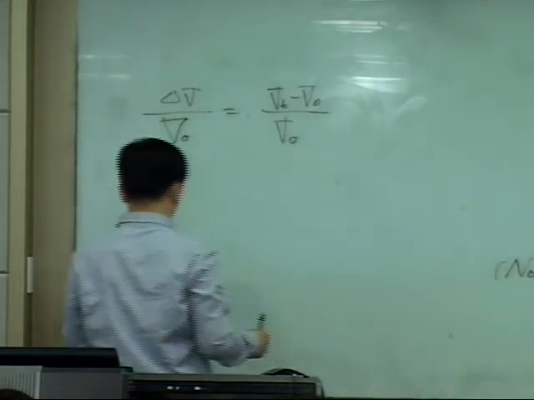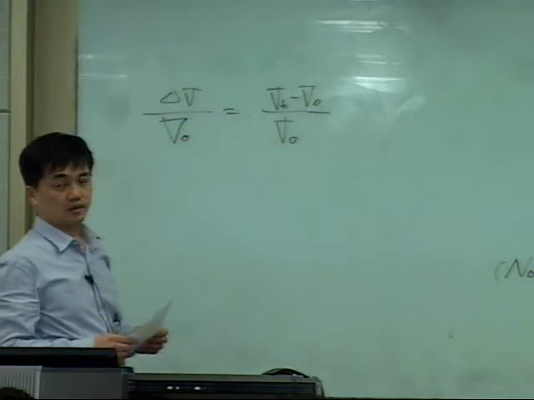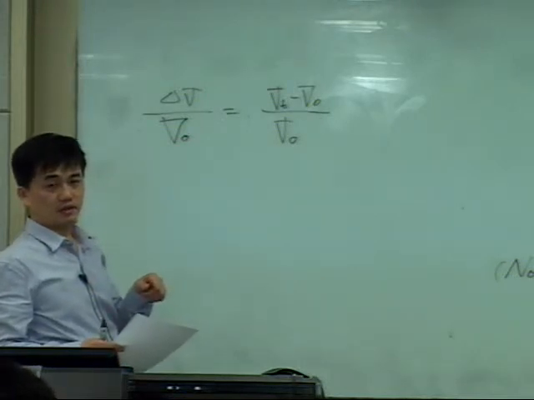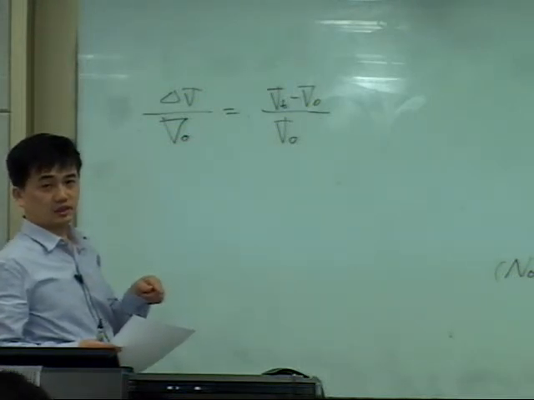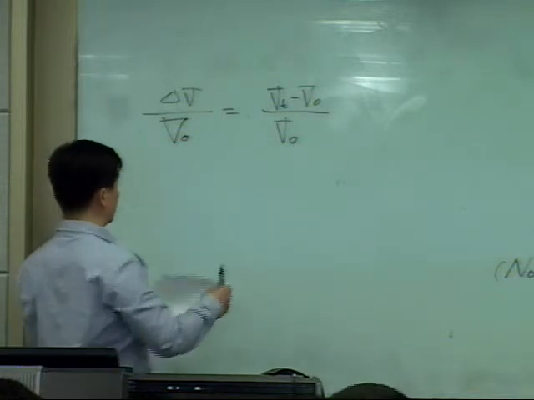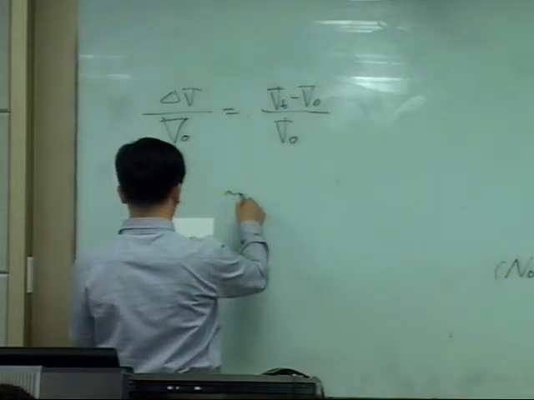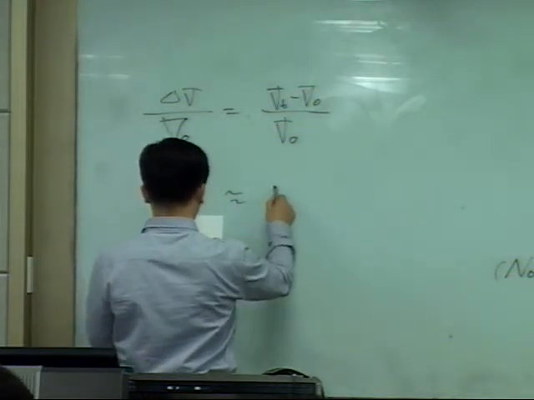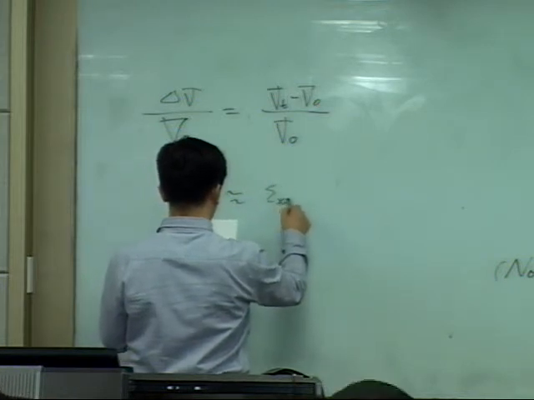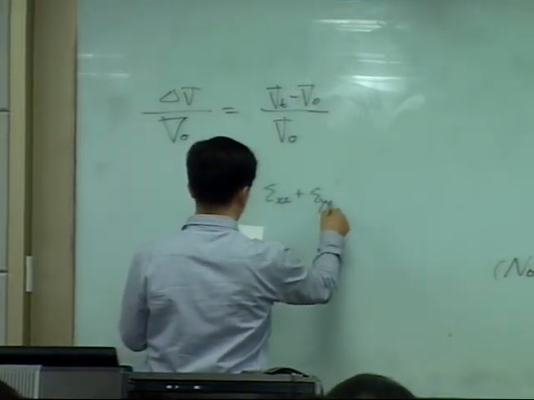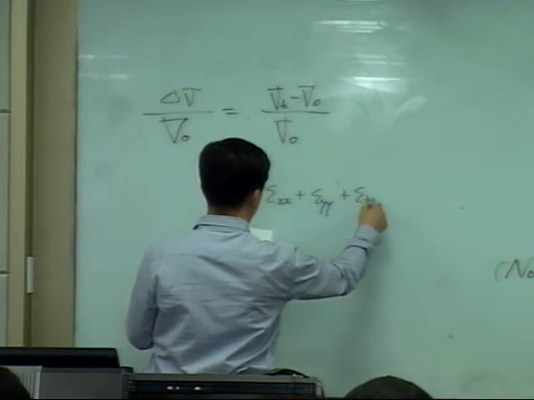And then, if you take the limit as dx, dy, dz go to 0, then you will have epsilon x plus epsilon y plus epsilon z.